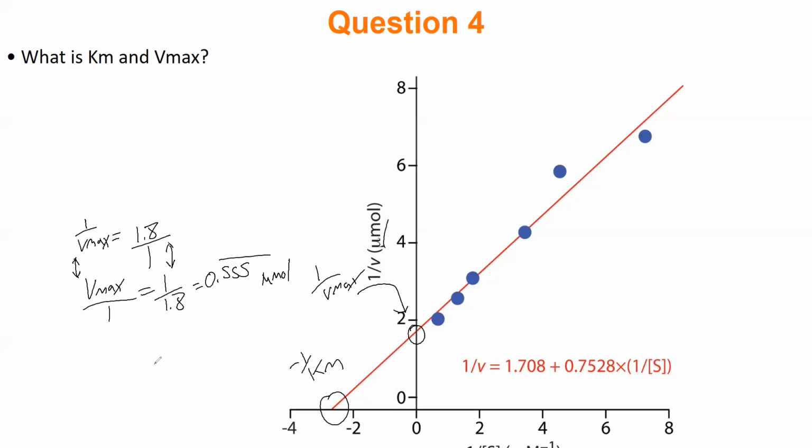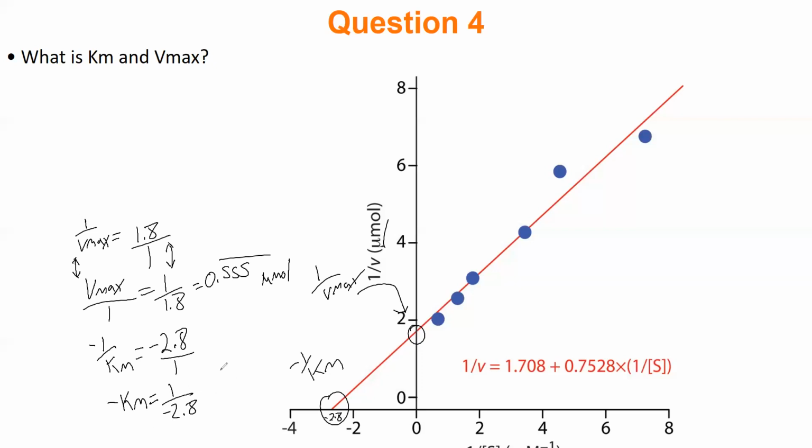And we do the same thing for Km. The x-intercept, let's say that's roughly negative 2.8. So we have negative 1 over Km equals negative 2.8 divided by 1. So negative Km equals 1 over negative 2.8.